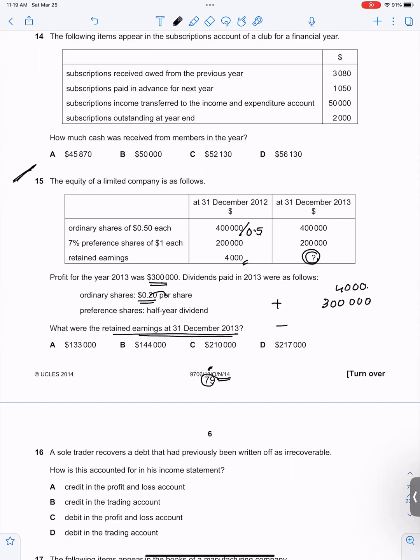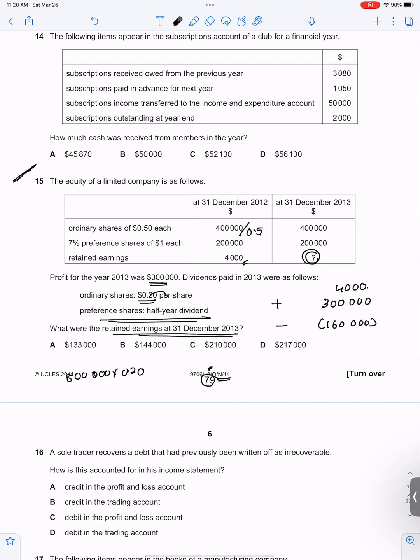So 400,000 divided by 0.5 gives 800,000 ordinary shares. 800,000 into 0.20 is 160,000. So 160,000 will go from retained earnings, which is the ordinary shares dividend paid.